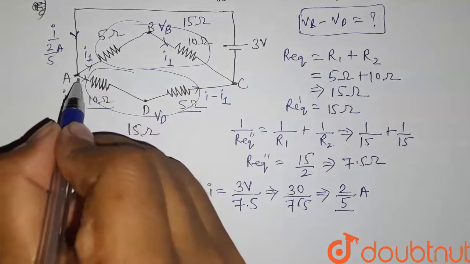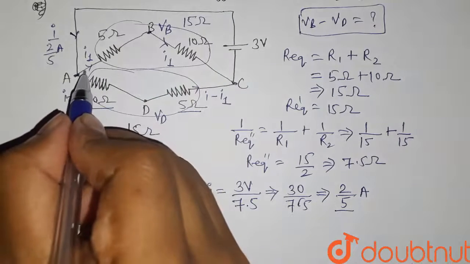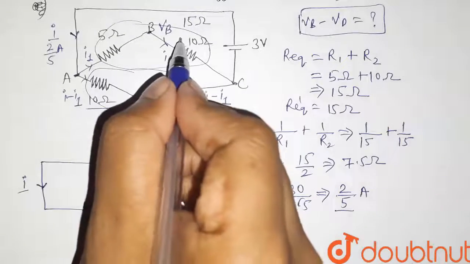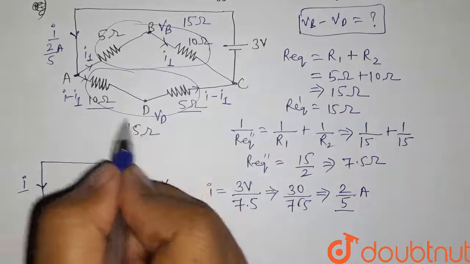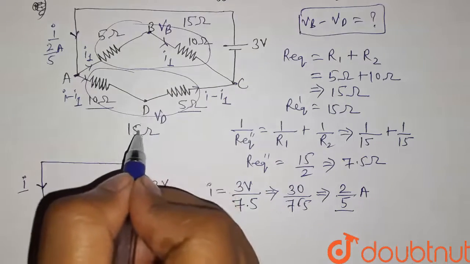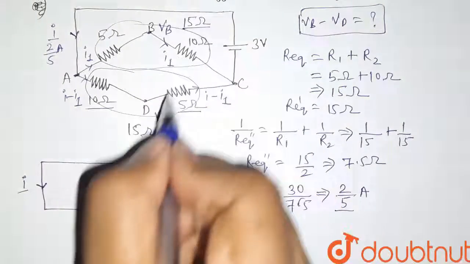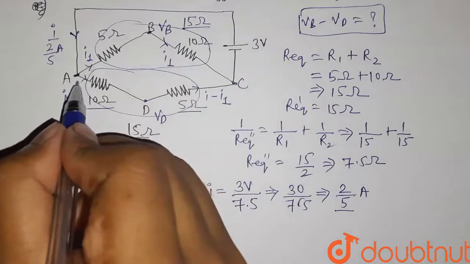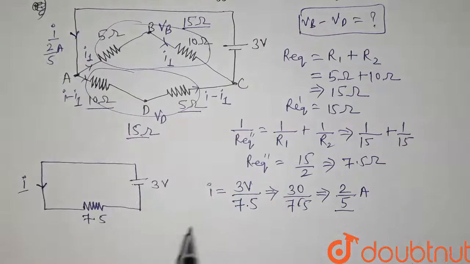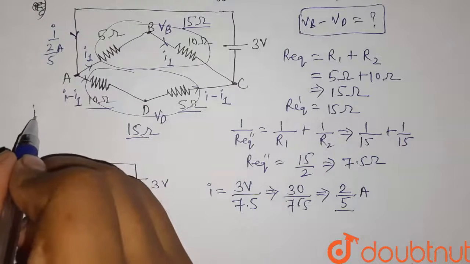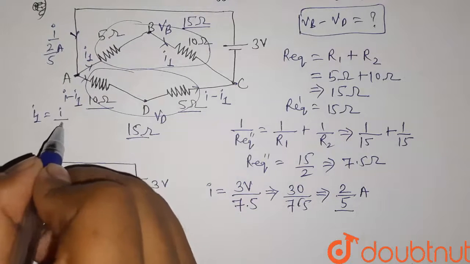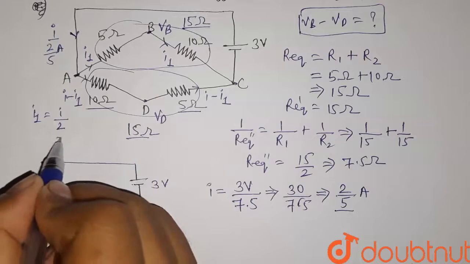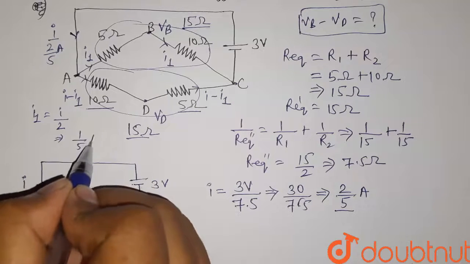Here we have two paths for this current, one through this resistor of 15 ohm and one through this resistor of 15 ohm. These two resistors are equal, that means the current will divide equally in these two paths. So the value of I1 will be equal to I by 2, that is 1 by 5 ampere.